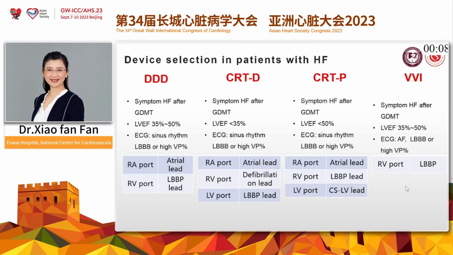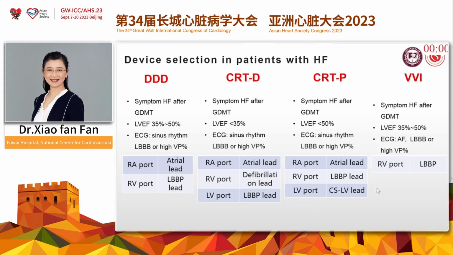I think in routine practice, we can choose devices in patients with heart failure after this evidence. For patients with moderately reduced LVEF, maybe the DDD device could be chosen.